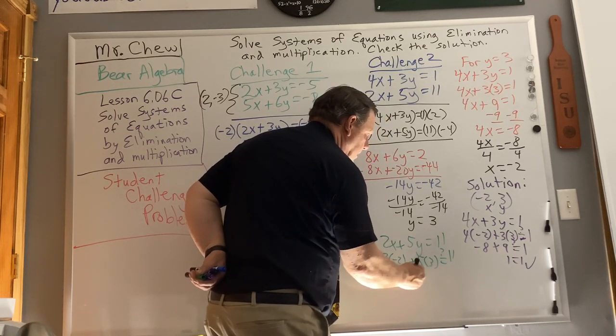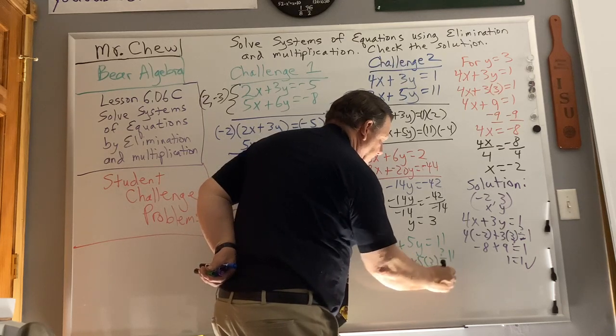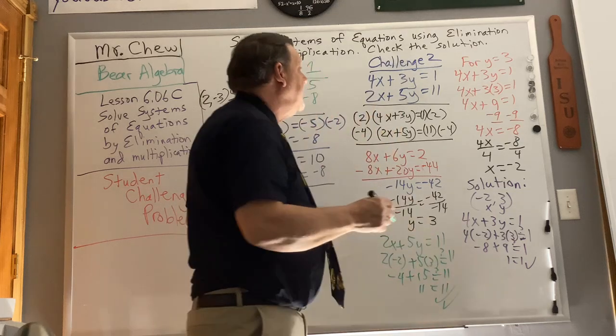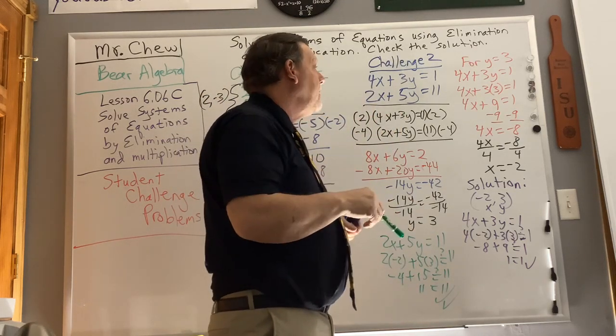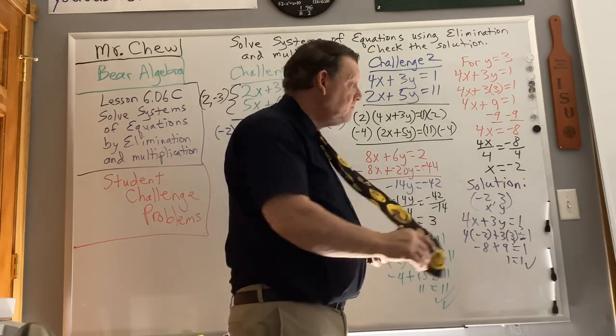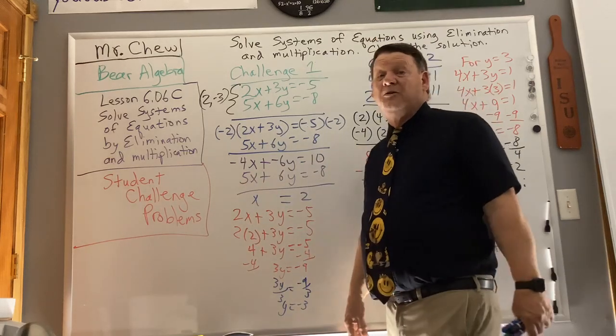Negative 4 plus 15. Does that equal 11? 11 equals 11. Double check. That means that if I graph both of these equations on the same coordinate grid, they will intersect at the point negative 2, 3.